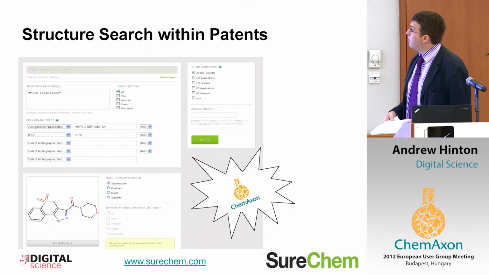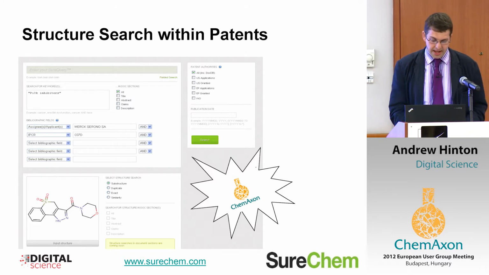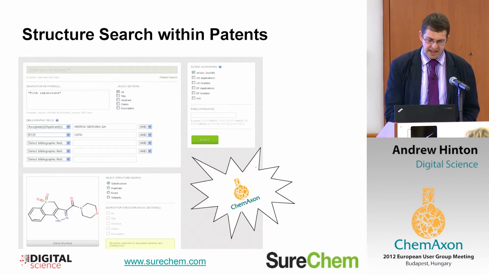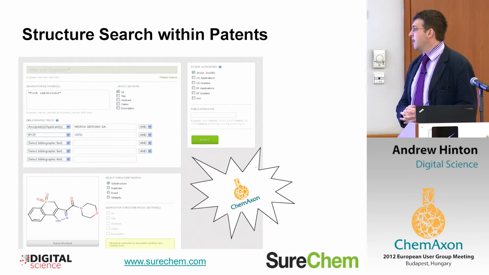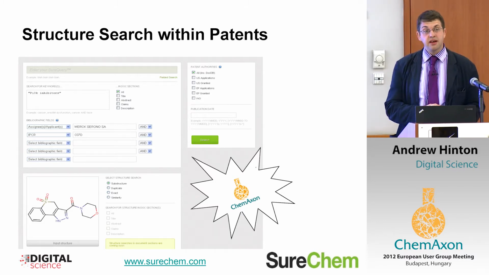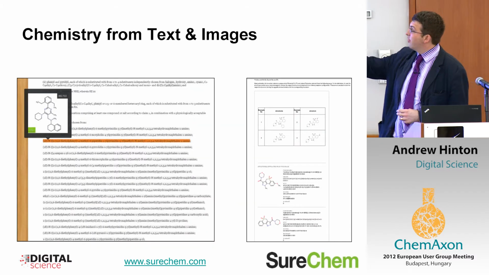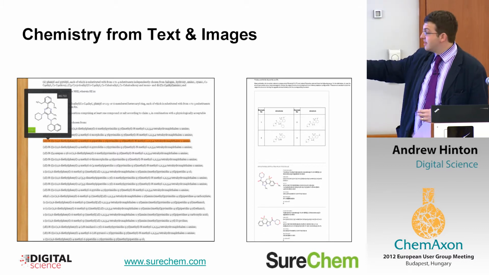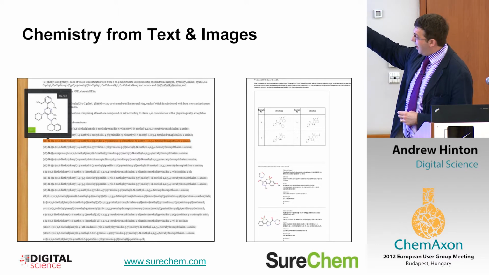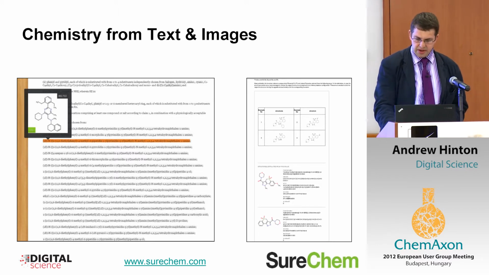So briefly, this is our interface, and under the hood it's powered by JChem-based technology that provides an integrated interface to search the bibliographic and full text of the patent. This allows you to visualize the chemistry from the text inline as you navigate through the patent, as well as seeing the extracted chemistry from the clipped images as you go.